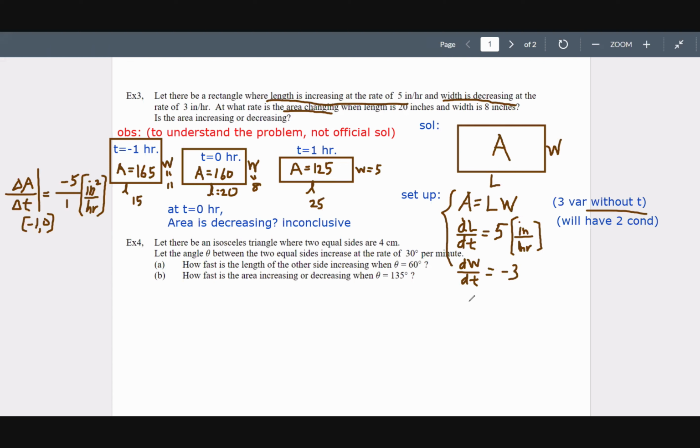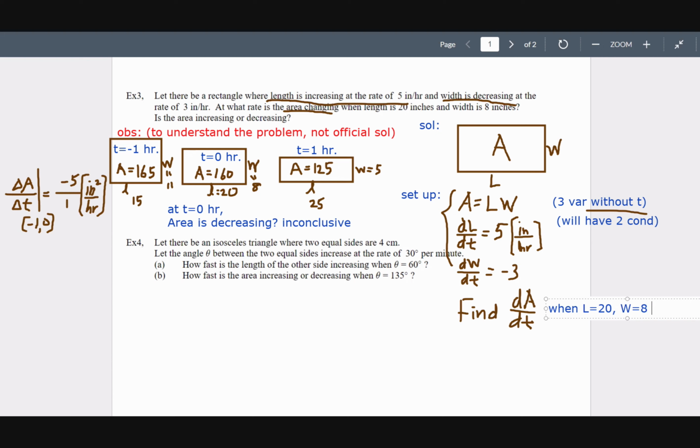And now the question is, find what? Find dA/dt. Then what is the time condition we need? dA/dt when L is equal to 20 and W is equal to 8.